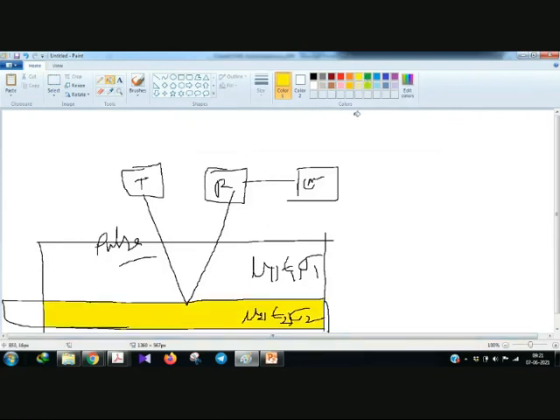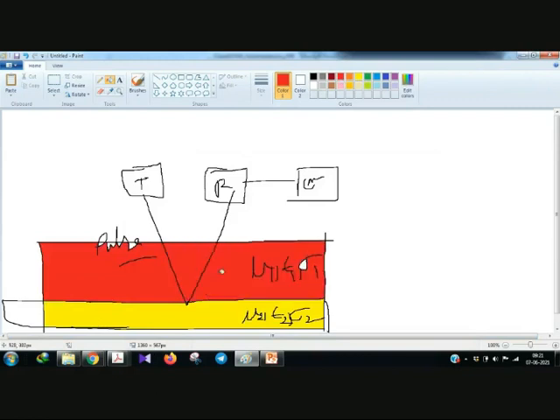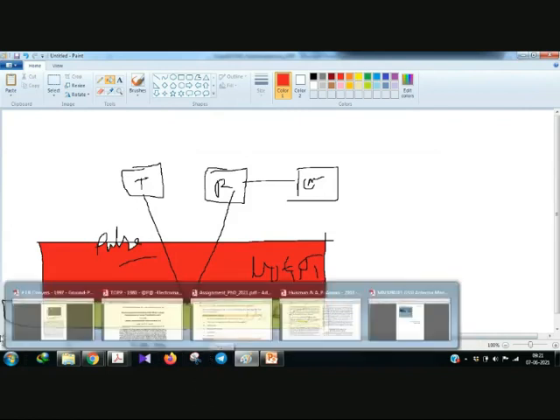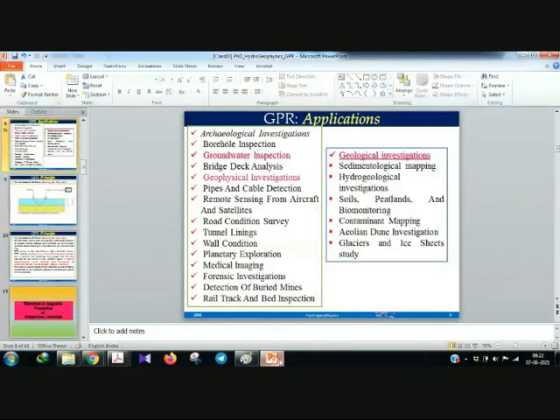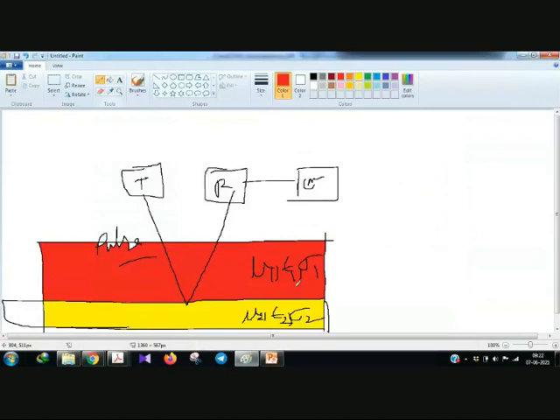This is how the layers are defined in any electromagnetic method or GPR system. And I was discussing that depending on the dielectric constant contrast, the difference between the conductivity or the permittivity will give you the idea of the boundary of these two layers. That will be discussed. Don't worry.